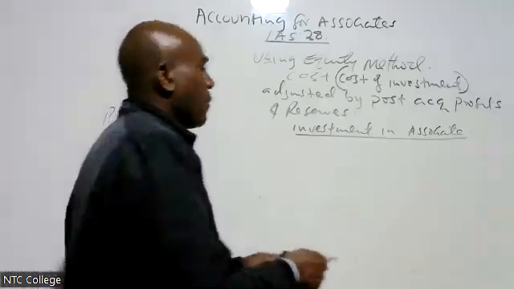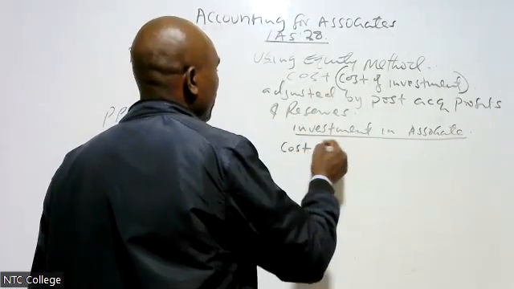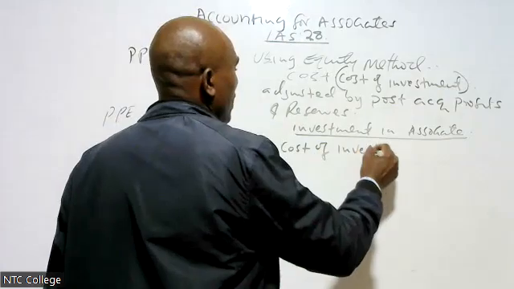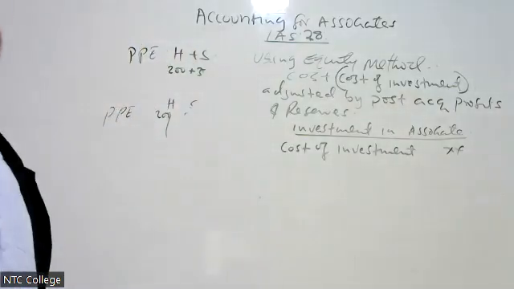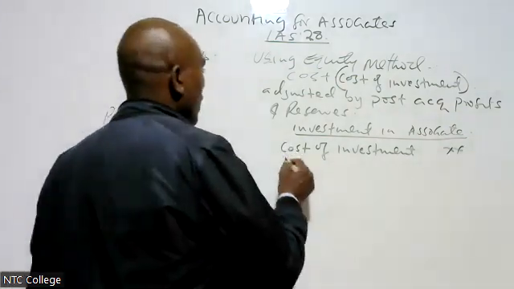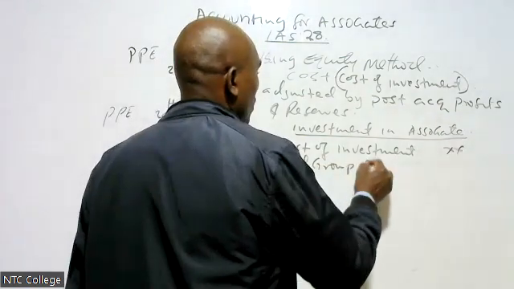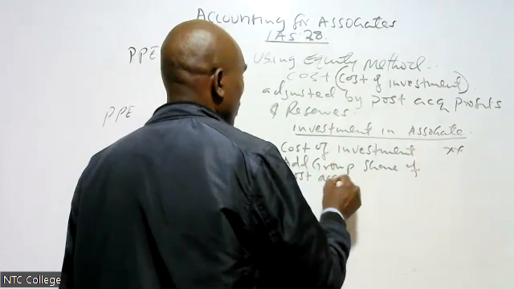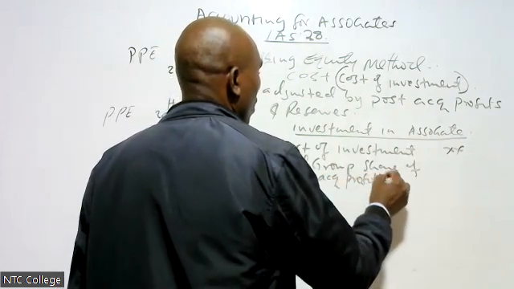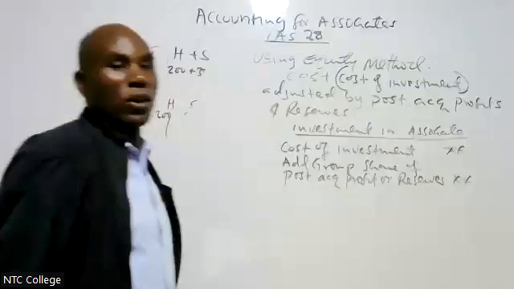Therefore, how do we get investment in associate? We take the cost of investment, which is the purchase consideration. Then we add the group share of post-acquisition profits or reserves.